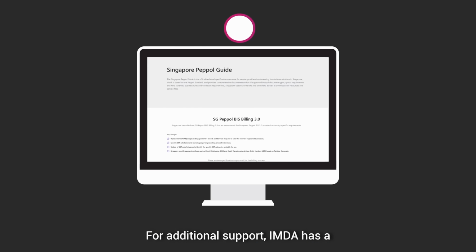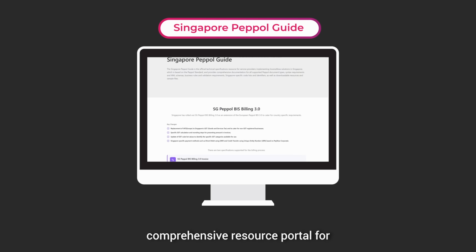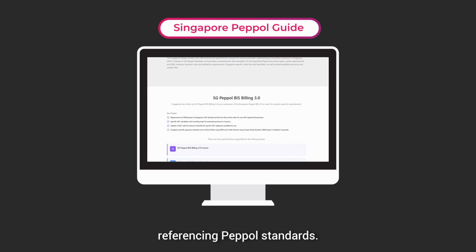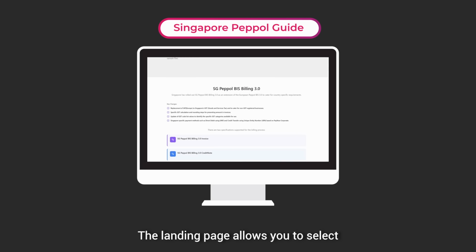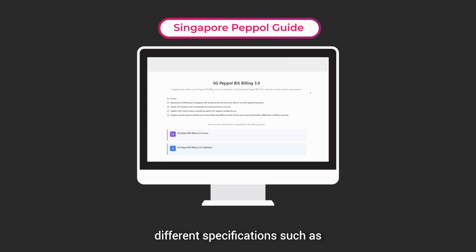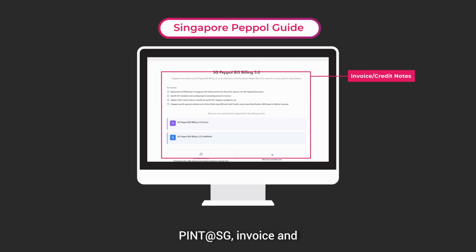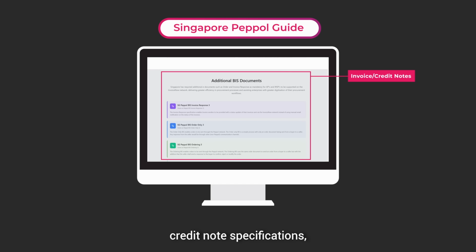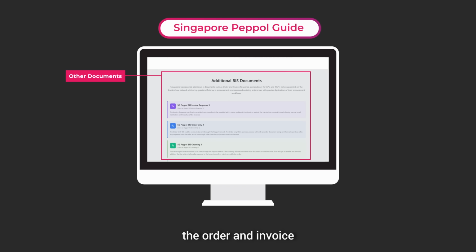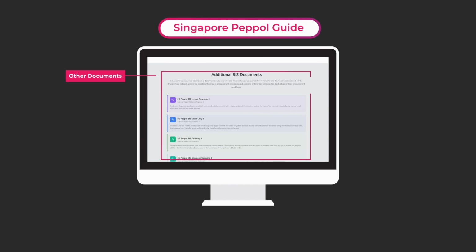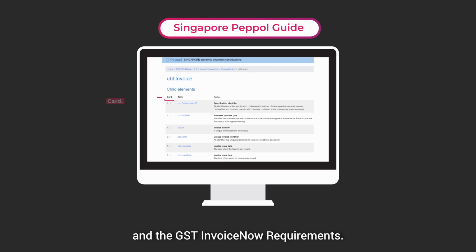For additional support, IMDA has a comprehensive resource portal for referencing Peppol standards. The landing page allows you to select different specifications such as PINT and SG, invoice and credit note specifications, the order and invoice response specifications, and the GST InvoiceNow requirements.